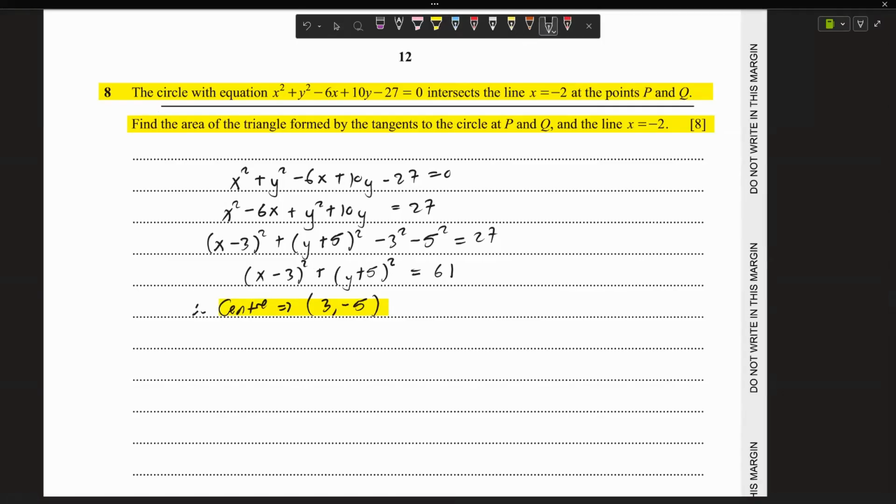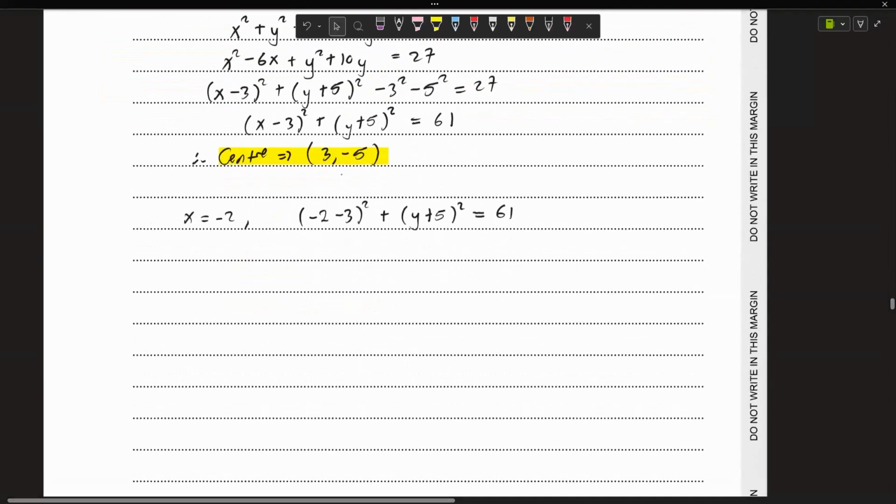Right, so when x is equal to -2, what will we have? I'll just take this form of the equation, it would be easier to work with. So when x is -2, it will be -2 minus 3 squared plus y plus 5 squared is equal to 61. So here we've got 5 squared, that's 25.